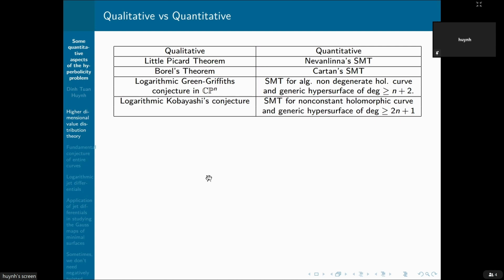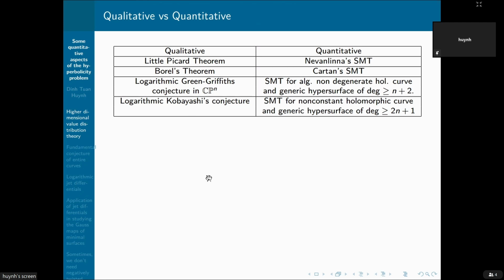So if you expect the logarithmic Green-Griffiths conjecture in CP^n, then you should also expect a second main theorem for algebraically non-degenerate holomorphic curves in the setting of hypersurfaces of degree at least n plus 2.